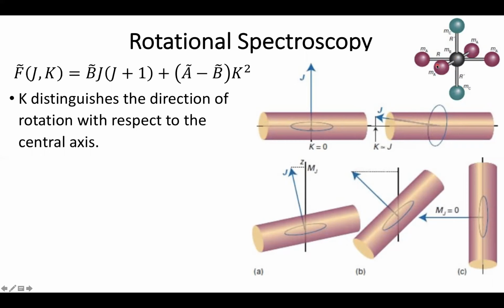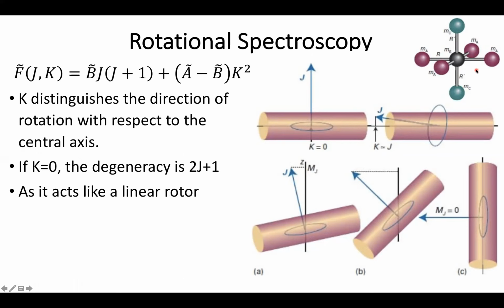So my parallel rotation, this is going to be the highly symmetric one, is going to be the C4 rotation about my primary axis. But we also have the C2 axes going here and here. So if K is equal to J, most of the rotation is about the primary axis. K equals 0, all of the rotation is about one of these two C2 axes. In reality, often the rotation will be centered somewhere in the middle.